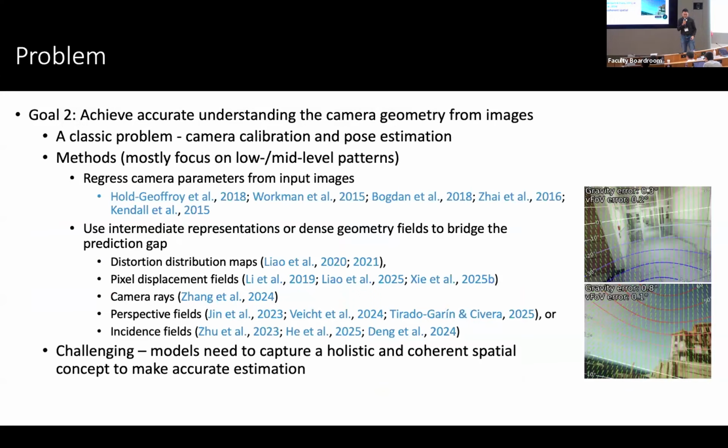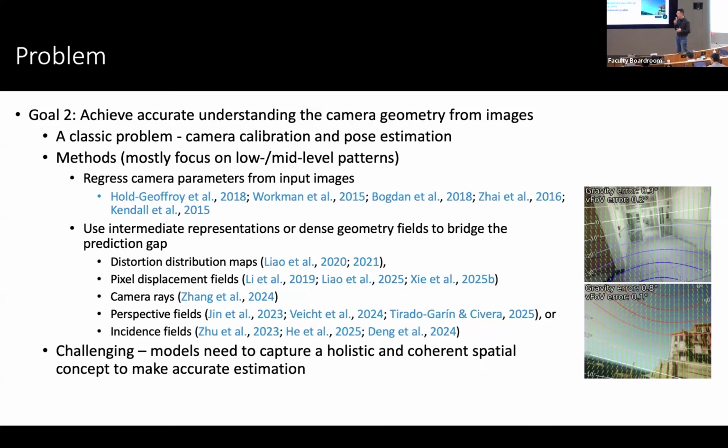The second problem we want to address is whether we can, at the same time, achieve accurate understanding of the camera geometry from images. This is a classical problem where we need geometry understanding for camera calibration and pose estimation for many other downstream applications. There are many methods to achieve that, but mostly they focus on low or mid-level representations.